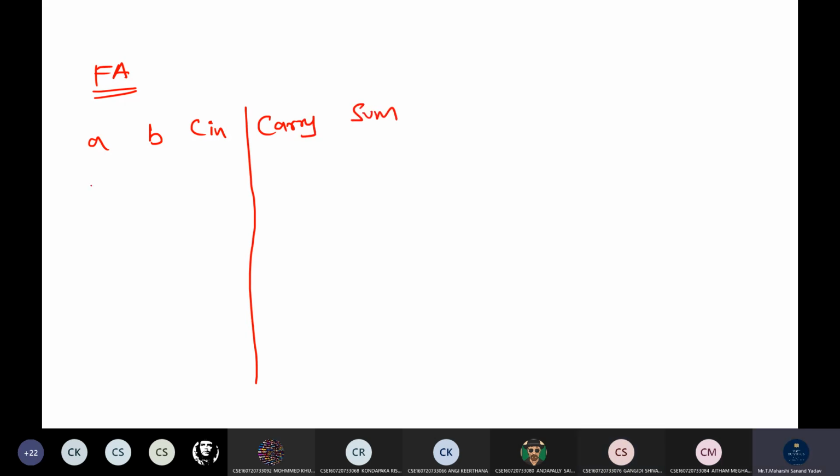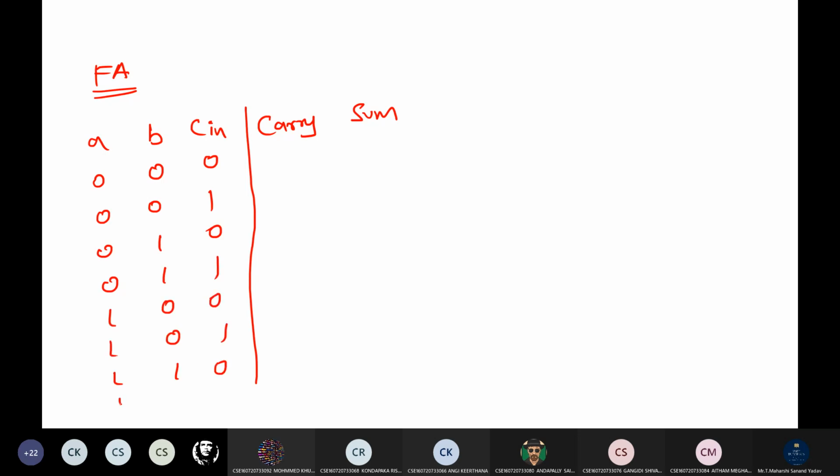Half adder. Now full adder, you tell me. Inputs are A, B, and C in, the carry input. Outputs are carry and sum. How will you write the outputs now? 0 plus 0 plus 0 is 0, 0.